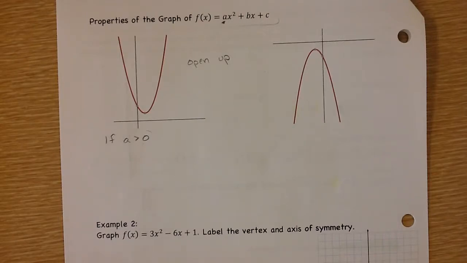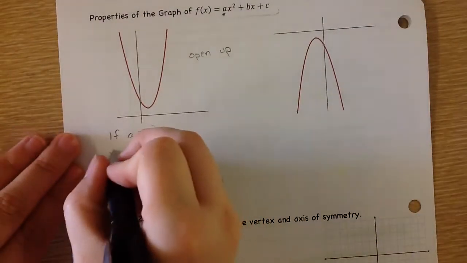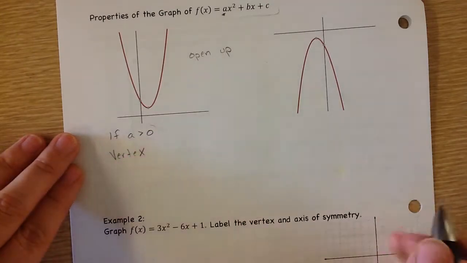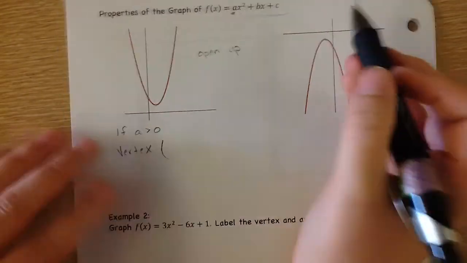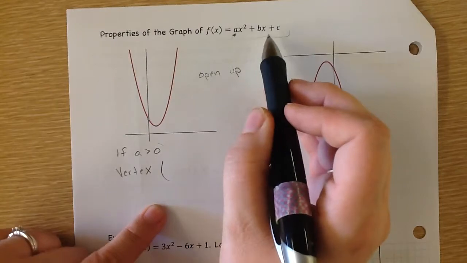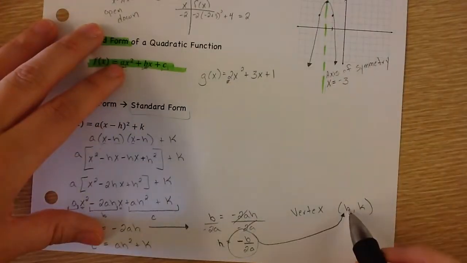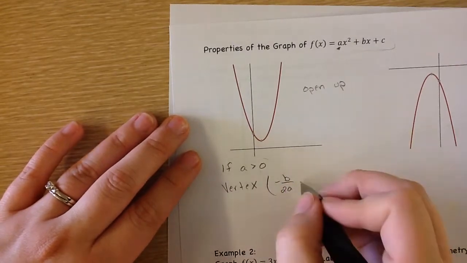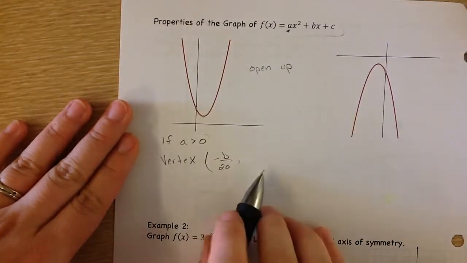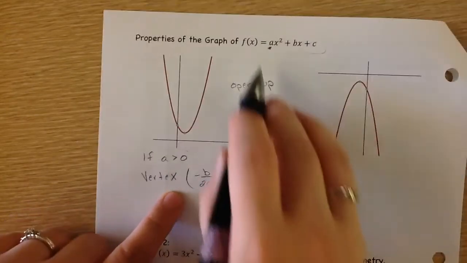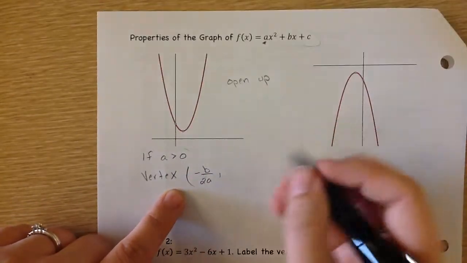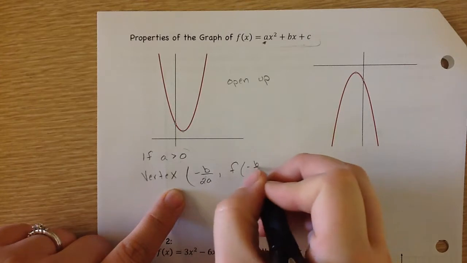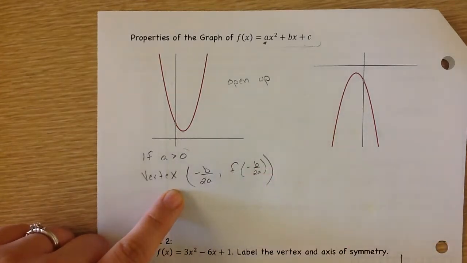And its vertex, instead of hk, I can't use hk because I don't know h and k, but I know the x-coordinate of the vertex is going to be at negative b over 2a. And then to find the y-coordinate of my vertex, I just plug that into here. I take f of negative b over 2a to find my y-coordinate.